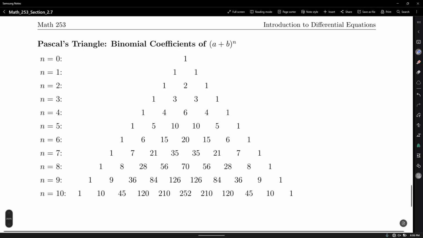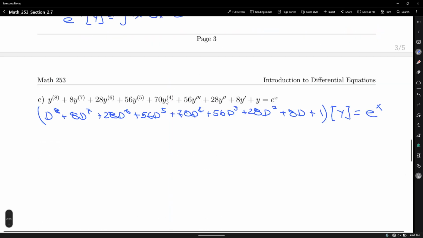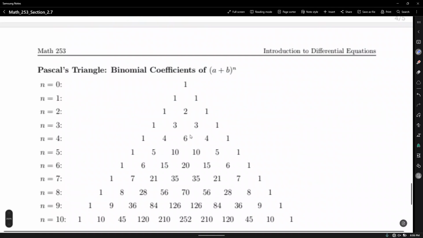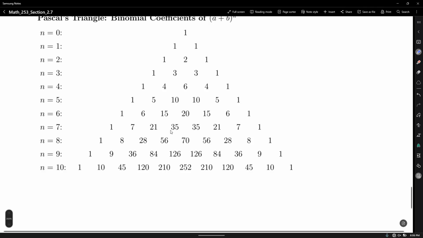Well, what about these guys? Check the coefficients of the equation here. Do you see the pattern 1, 8, 28, 56? These are the coefficients of a plus or minus b to the 8th power.